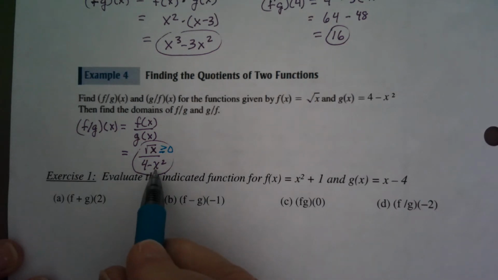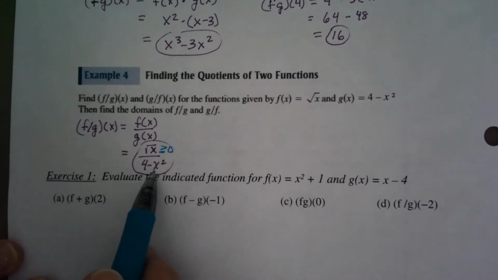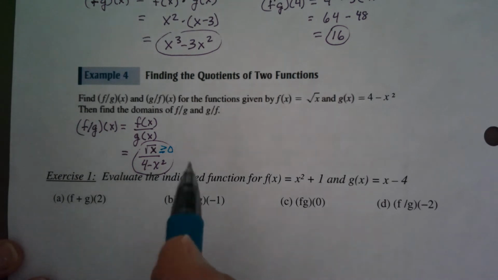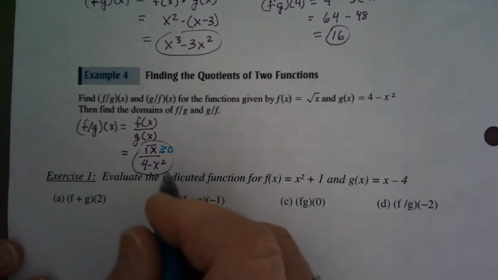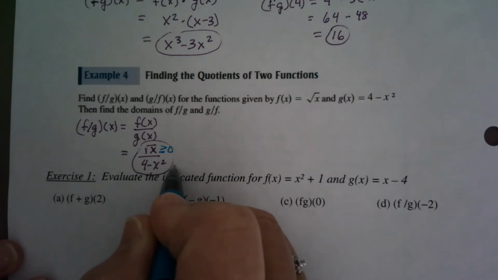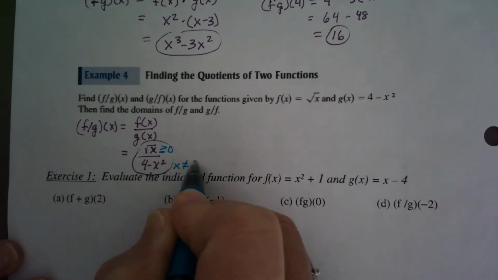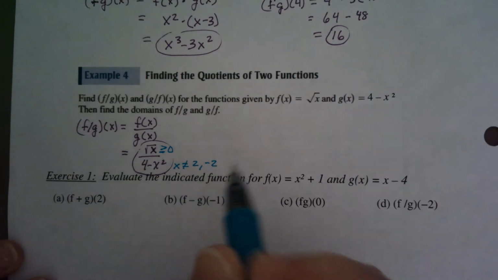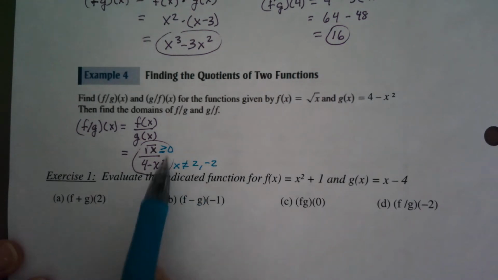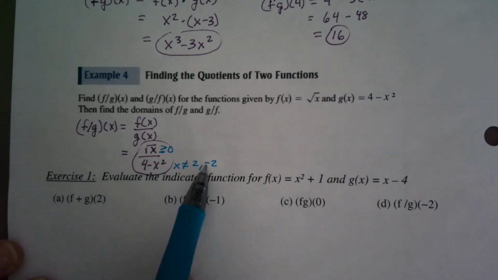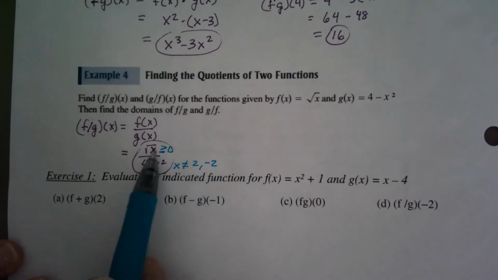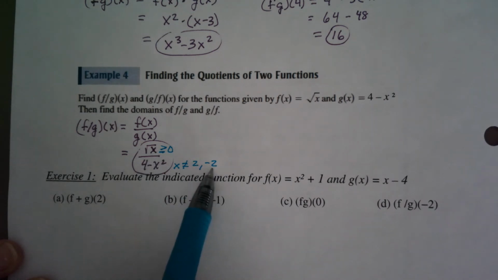And here, we cannot have a denominator of 0, so if we were to replace this x in the denominator with a 2 or negative 2, that would result in 4 subtract 4. So x in the denominator cannot equal 2 or negative 2. So overall, well, negative 2 is not greater than 0, so that's out.